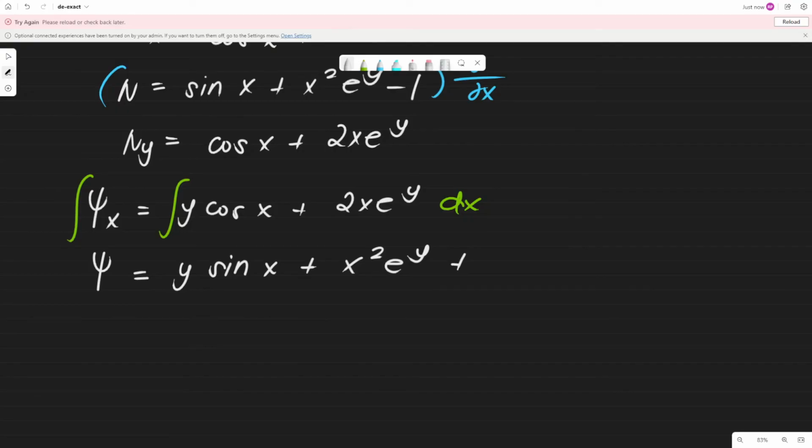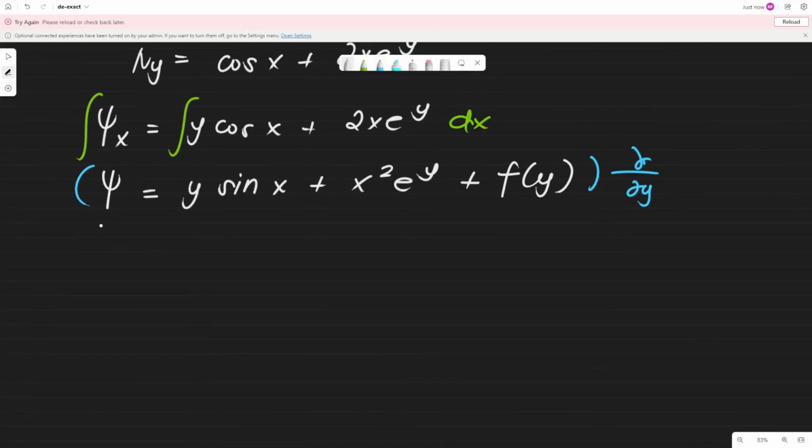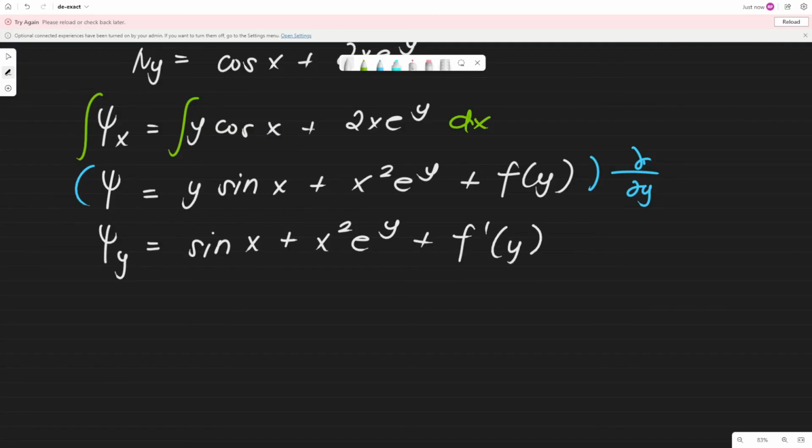Plus, of course, we have our f of y. Don't forget the f of y. Then let's get the partial derivative with respect to y. So we will have psi y equal to sine x alone plus x squared e raised to y, nothing happens to that, plus f prime of y.